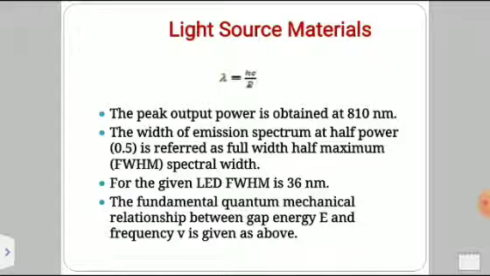The fundamental quantum mechanical relationship between gap energy E and optical frequency nu is given in the emission spectrum.